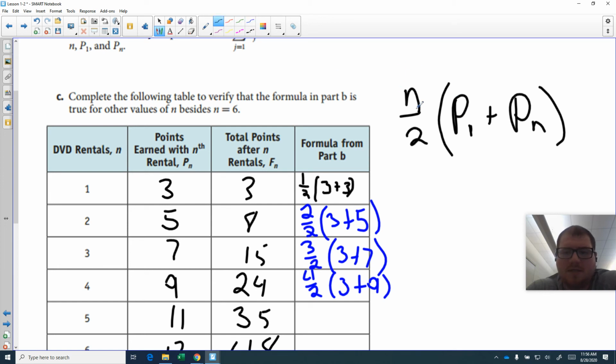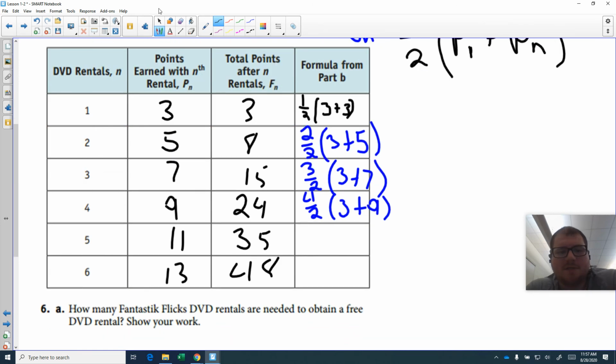This is our series formula, which I always note as S of n, the series or the sum of the total. The n represents the term that we're on. P of 1 is the first term in the problem, and the divided by 2 is that whole idea of a triangle.